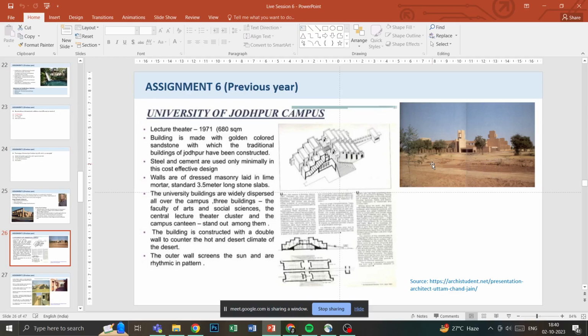The university buildings are widely spread all over the campus. Three buildings, the Faculty of Arts and Social Sciences, the Central Lecture Theatre Cluster, and the campus canteen, stand out among them. The building is constructed with a double wall to counter the hot climate of the desert, and the outer wall screens the sun and is rhythmic in pattern.